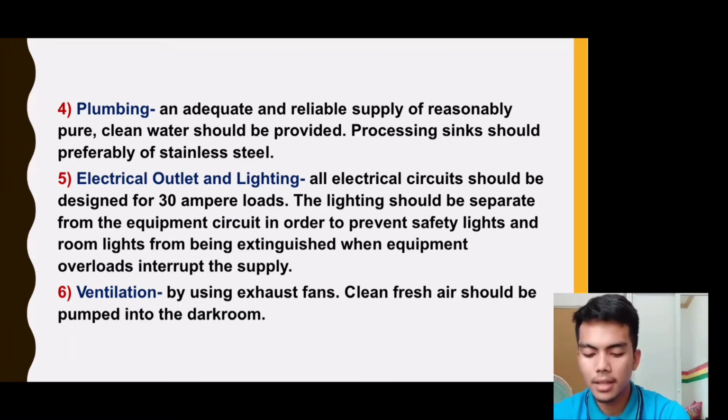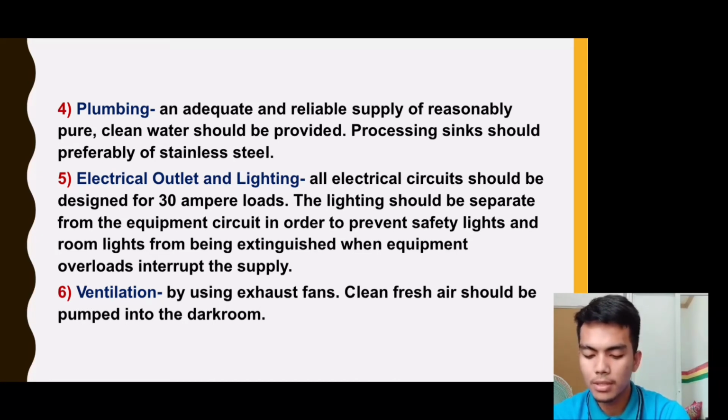Plumbing: an adequate and reliable supply of reasonably pure clean water should be provided. Processing sink should preferably be of stainless steel. Electrical outlet and lighting: all electrical circuits should be designed for 30 ampere loads.